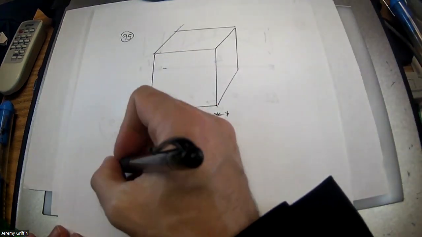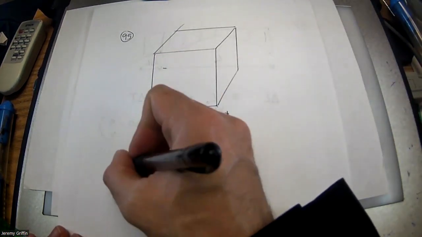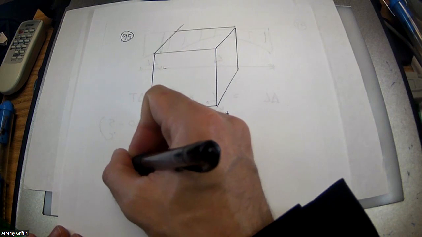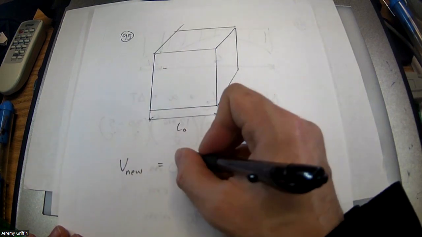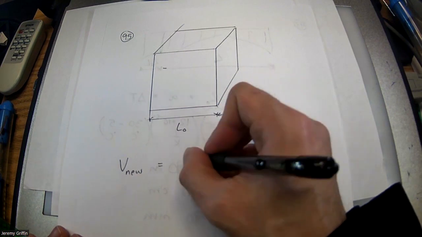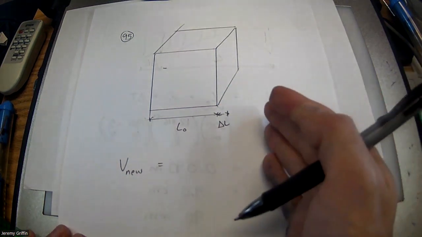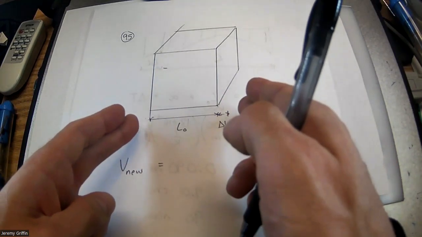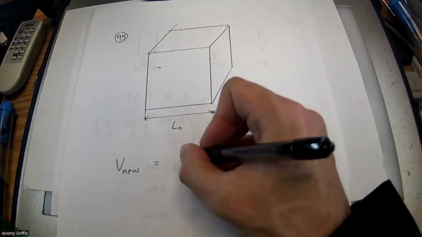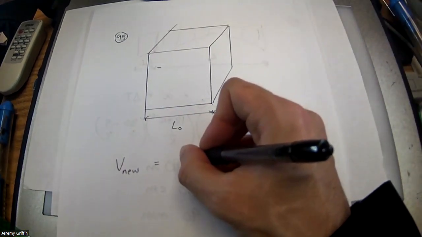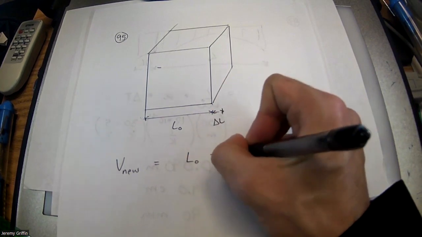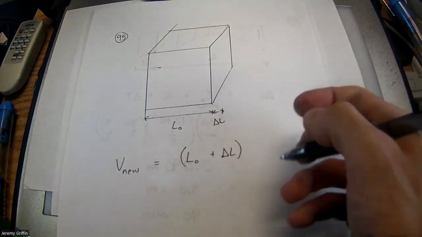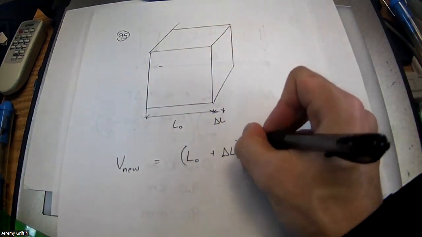I'm thinking there's going to be a new volume compared to the old volume. So the new volume would be the expanded length to the power of 3. So it'd be L naught plus delta L, length, width, height, so to the power 3.